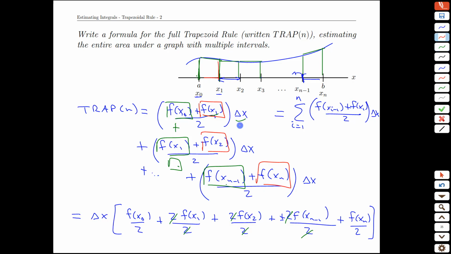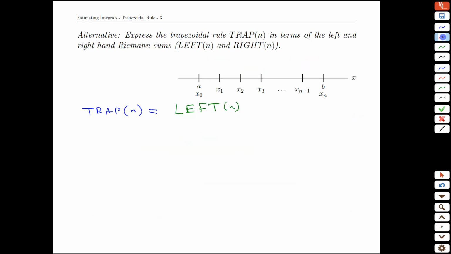And then the right-hand sum would also have the delta x, we would factor that out. And so we would have the sum of these two elements. Not just that, though, we also have the divided by 2 that we haven't accounted for. But we see the same structure, that the trapezoid rule is an average of two other quantities.